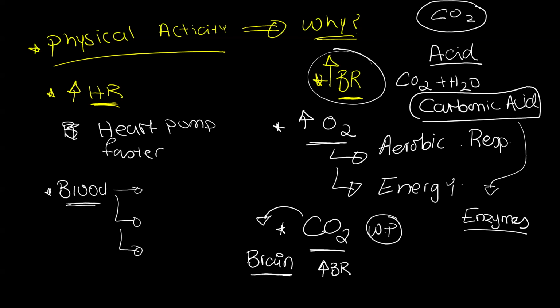Yes, of course, it denatures the enzymes in your body because your enzymes are very sensitive to temperature and they're sensitive to pH. If the temperature changes so much or the pH changes so much, these enzymes will be denatured. So that's why CO2 has to be removed, because if it stays in the blood, it produces an acid, and this acid can denature enzymes.